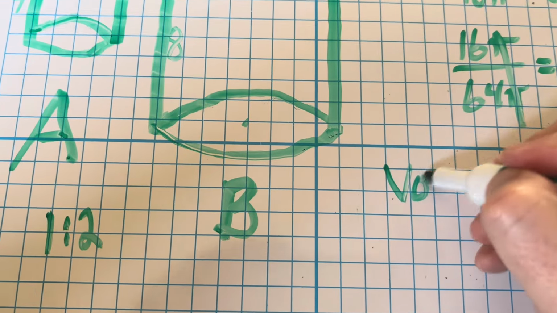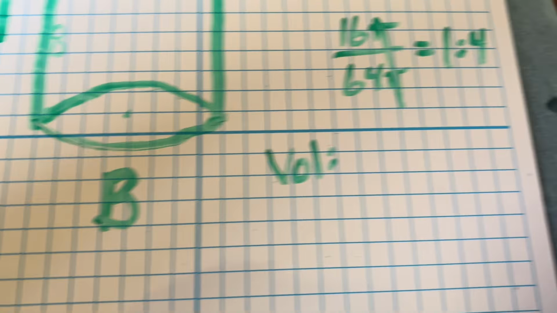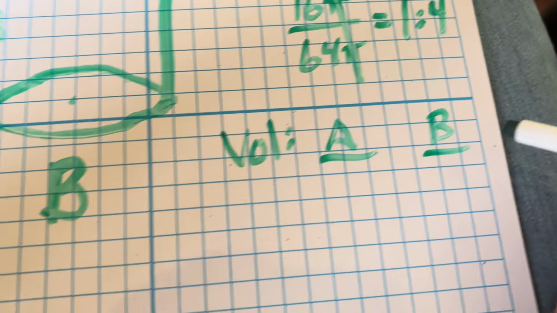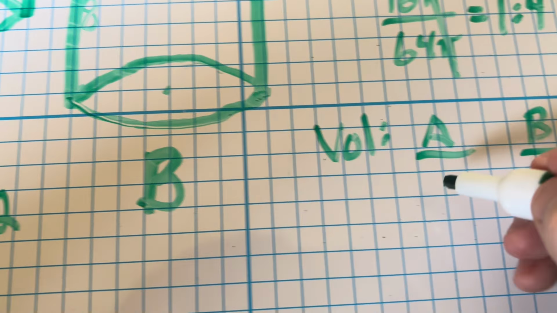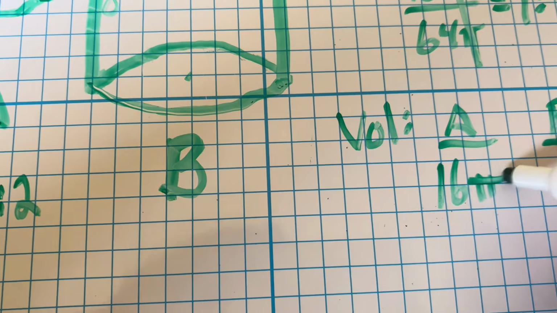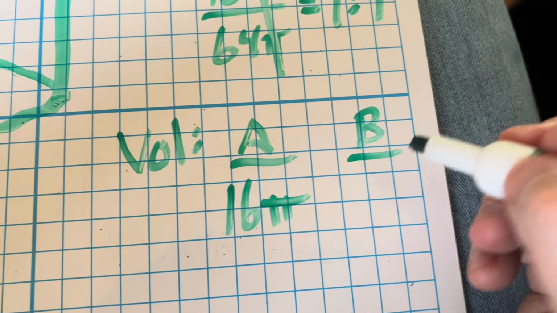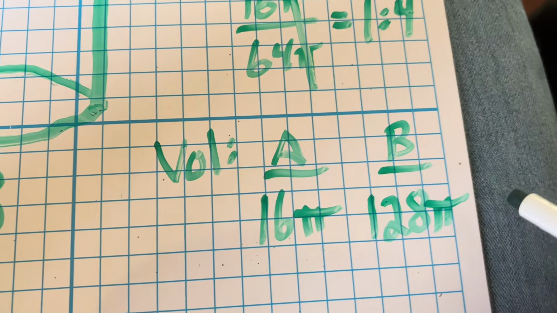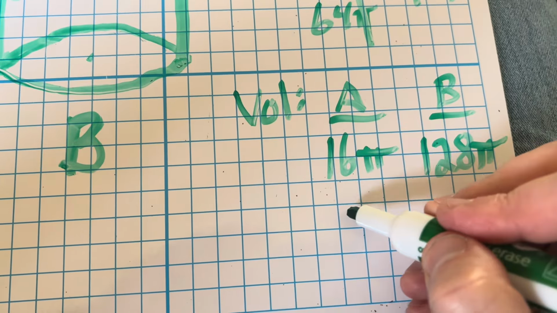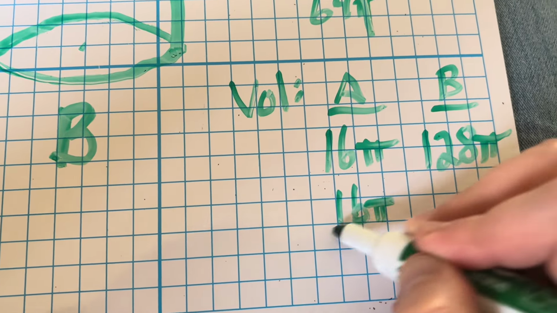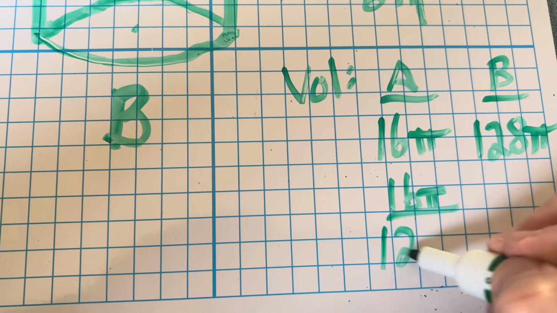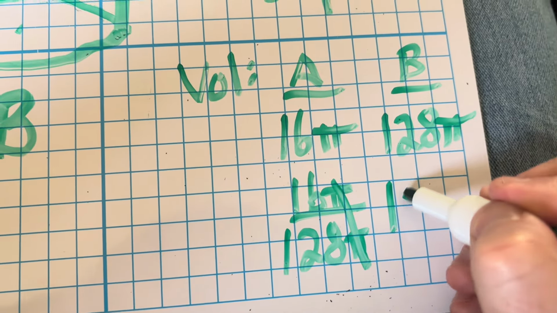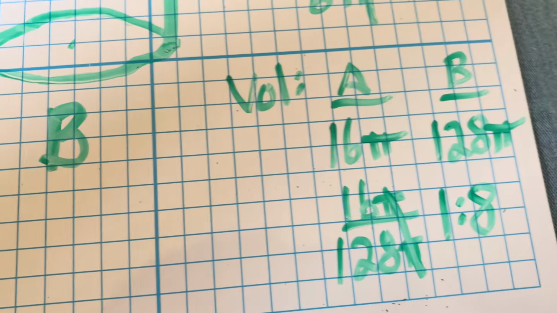Volume, things are going to get even fishier. The volume of cylinder A is going to wind up being 16 pi, and the volume of cylinder B winds up being 128 pi. If we put those in ratio form here, we do the division on those, we wind up getting a 1 to 8 ratio.